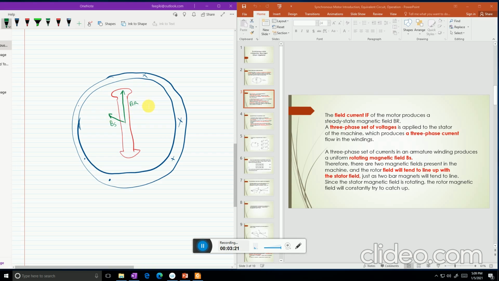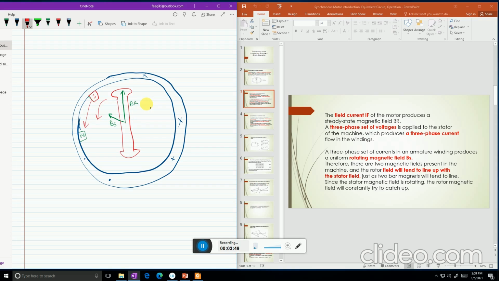For example, if the stator magnetic field has a north pole here, and BR has a south pole here, then this south tries to catch up with this north, and that's how it starts rotating in the anti-clockwise direction.